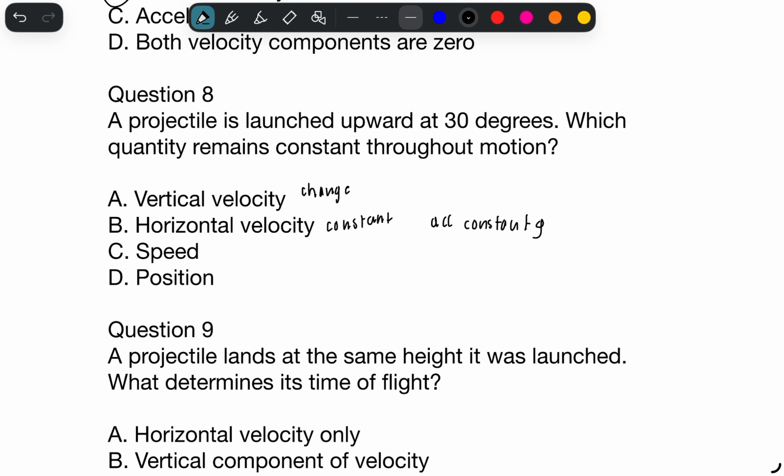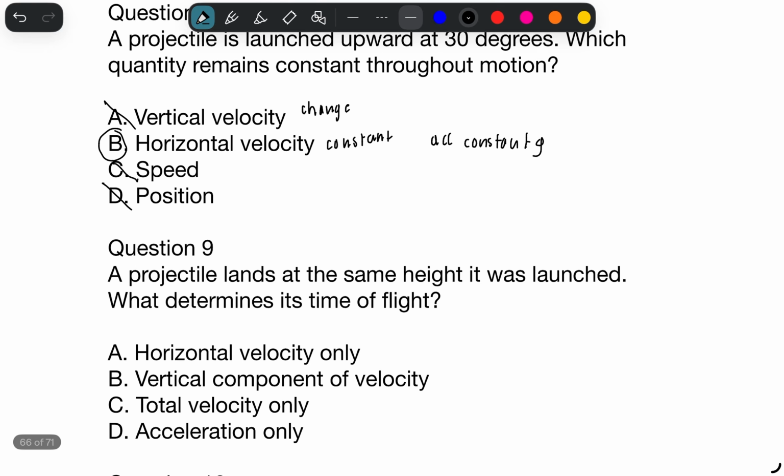So that means that our horizontal velocity is going to stay constant, and that's going to be our answer. So speed does not stay constant, your position changes, and your vertical velocity is changing as well.